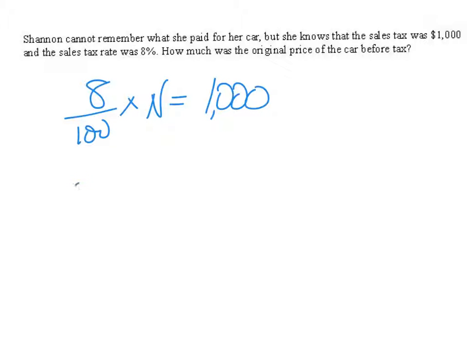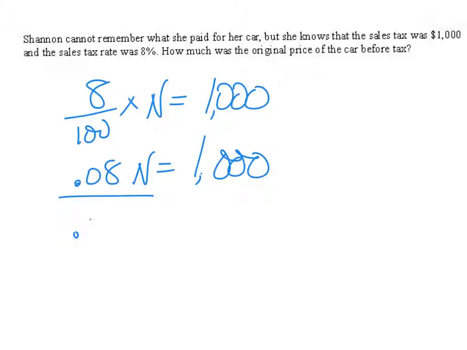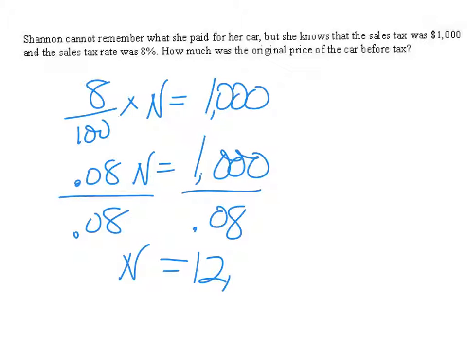So 8% as a decimal is 0.08. And we don't usually need to write the little x for times. If it's right next to the variable, it means times. So I need to divide both sides by 8/100ths. And I get n equals, wow, cheap car, $12,500. Don't think that was a new car.